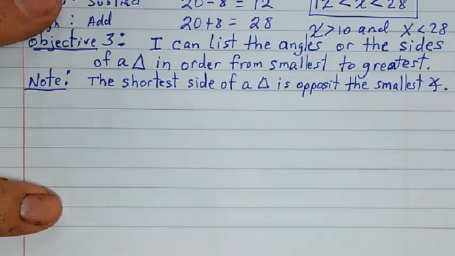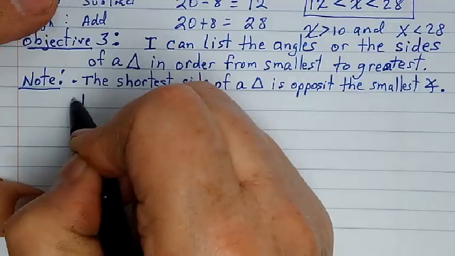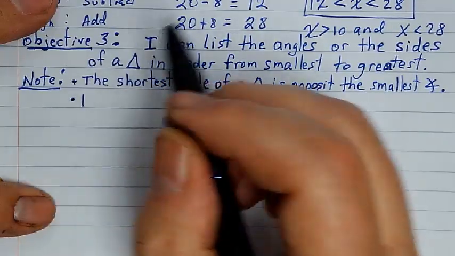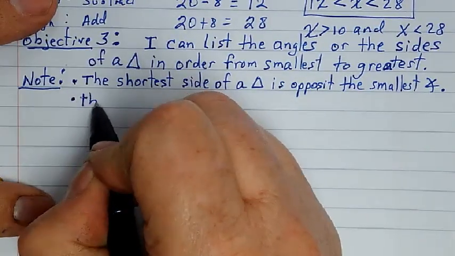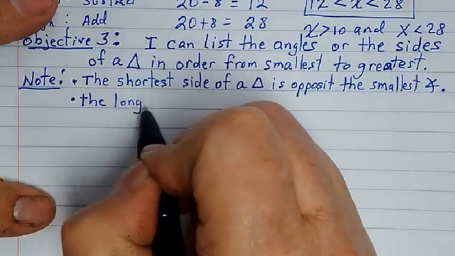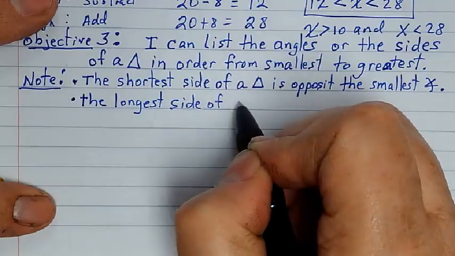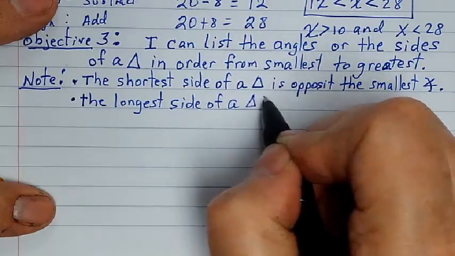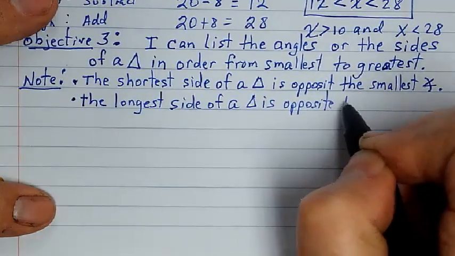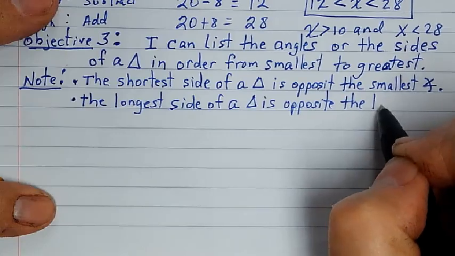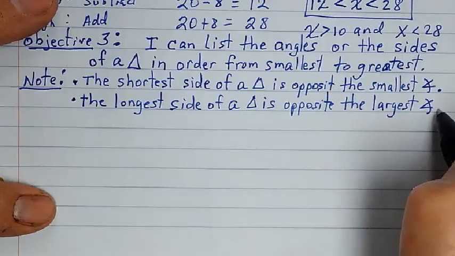I'll put a little bullet in front and here. Like in PowerPoint, they put bullets. The longest side of a triangle is opposite the largest angle. Okay, that's the note. Copy that down. I'll give you a second to copy that.